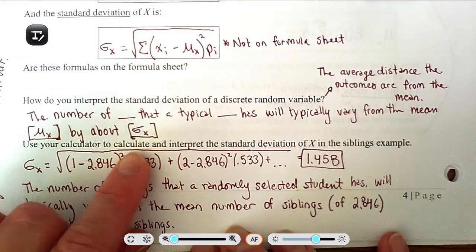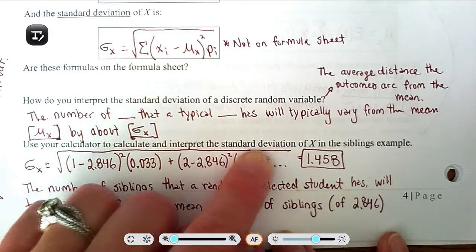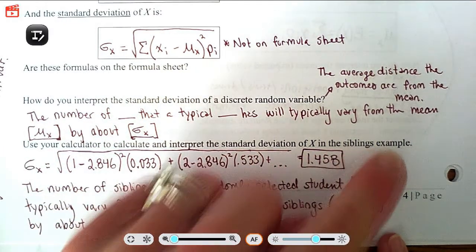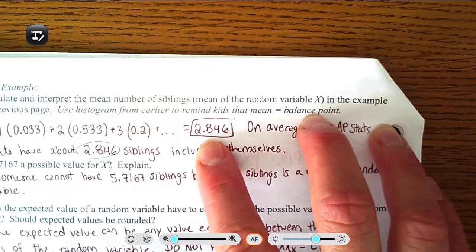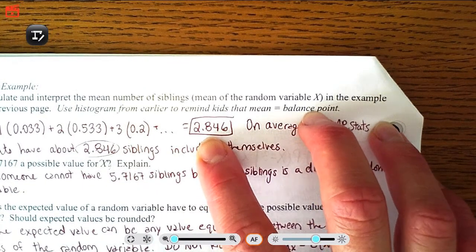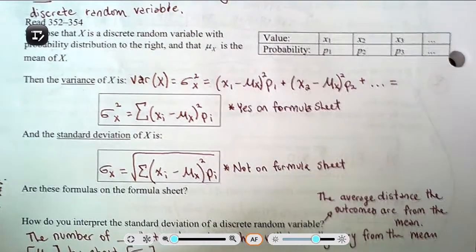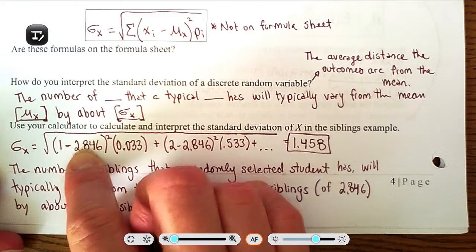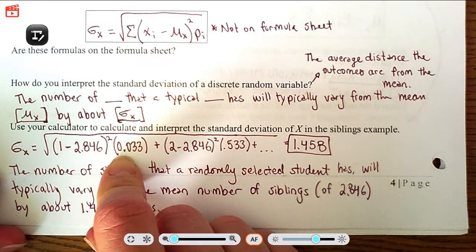Now use your calculator to calculate and interpret the standard deviation of X in the siblings example. Before, we found that the mean was 2.846, so I'm going to take each observation, like one sibling, subtract the mean, square it, and multiply by its probability.